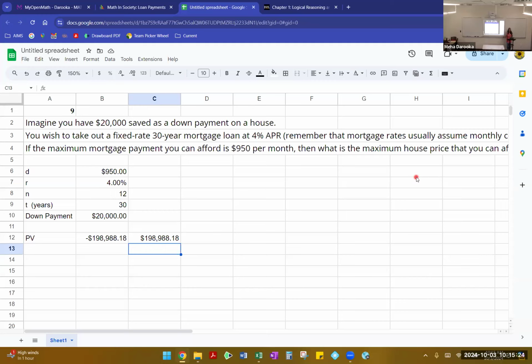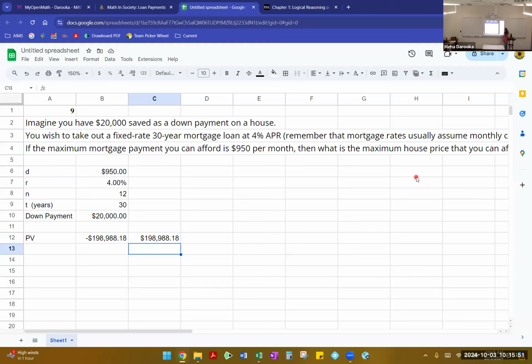Or is it we're saying, since we said the maximum mortgage payment we can make is $950, and based on that, we came up with almost $199,000. Does that mean that's the loan we can take and then we add the 20,000 on that for the down payment?